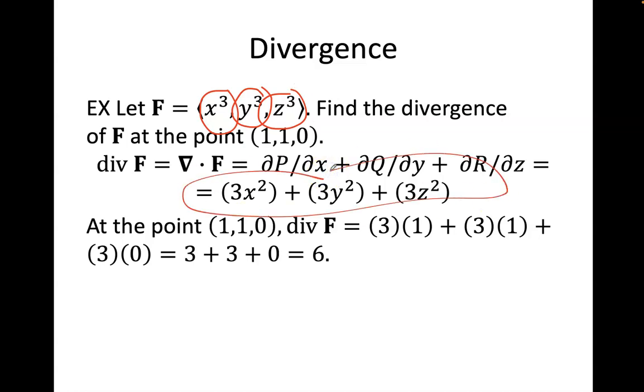At the point 1, 1, 0, the divergence of F is going to be 3 times 1 squared, which is 3, plus 3 times 1 squared, which is 3, plus 3 times 0, because z equals 0. In other words, 3 plus 3 plus 0, which is 6.